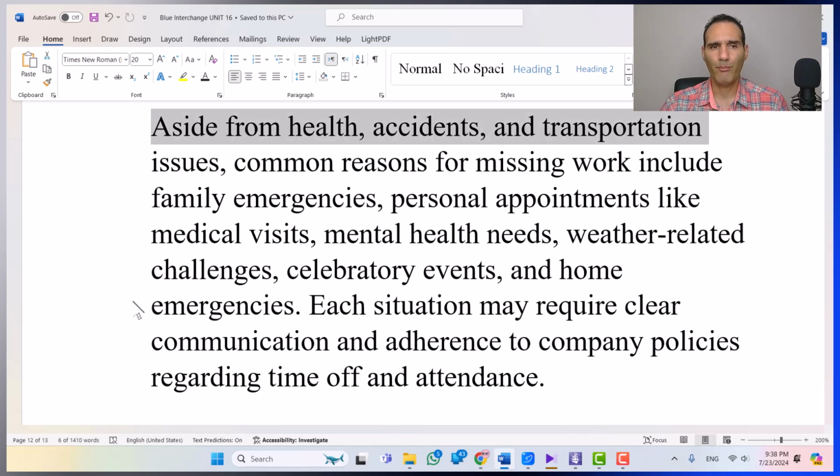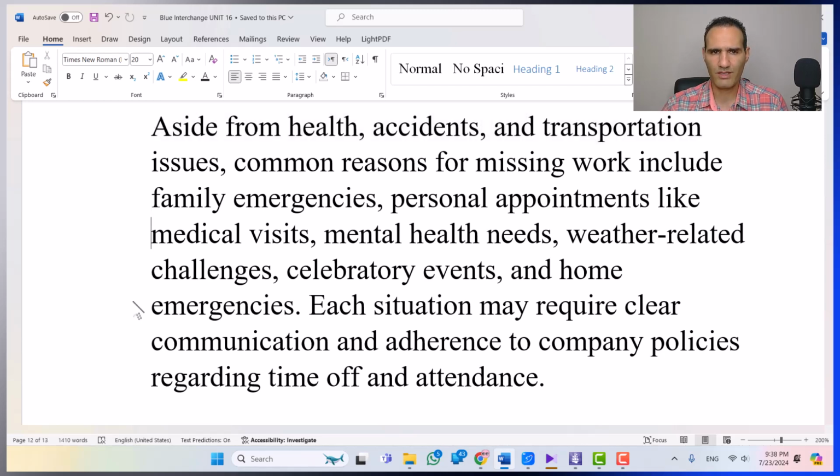So it says, apart from or aside from health, accidents, and transportation, common reasons for missing work are family emergencies, personal appointments like medical visits, mental health needs, weather-related challenges, for example, bad snow, celebratory events, it's your sister's wedding, for example, home emergencies, something happens at home, for example, a pipe bursts.